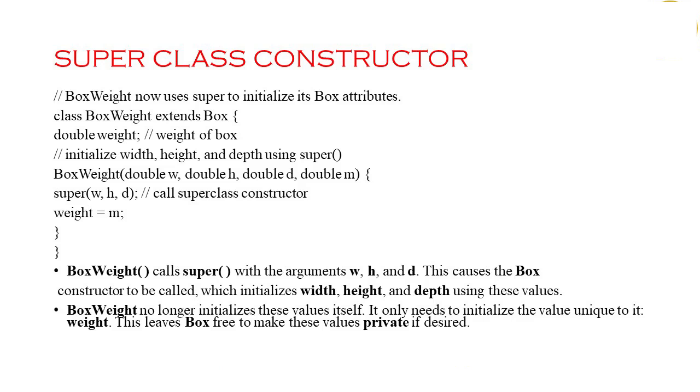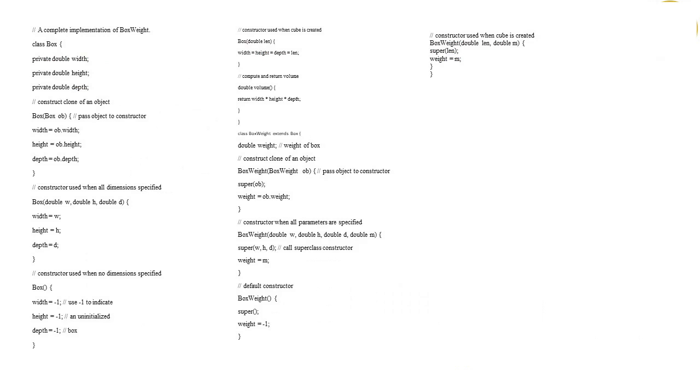This causes the Box constructor to be called, which initializes width, height and depth using these values. BoxWeight no longer initializes these values itself. It only needs to initialize the value unique to it. This leaves Box free to make these values private if desired. The example program has been given for your reference.